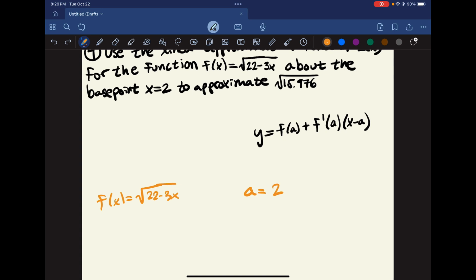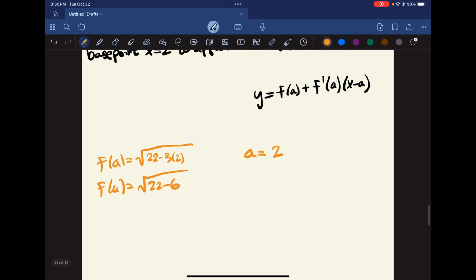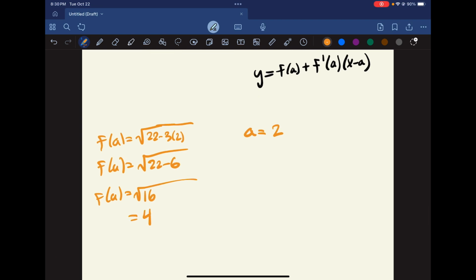So if a equals 2, then our f of a equals this, where we just plug in 2 where we see x. So f of a equals square root of 22 minus 6. So f of a equals square root of 16, which equals 4, right?